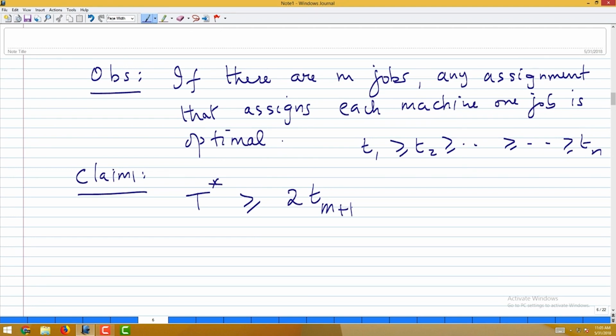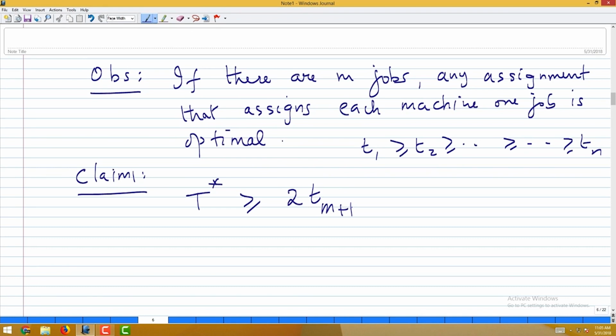Do you see this? Yes? Why? Because after assignment of the first m jobs, the make span is the maximum over all machines, and when I add the next job, I don't know which machine it goes to, but in the worst case that will have the maximum now.